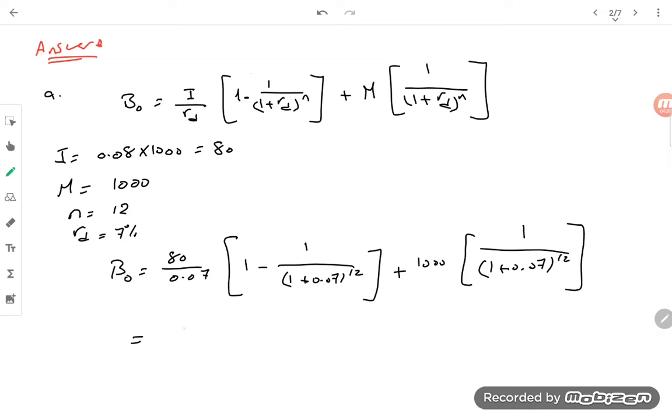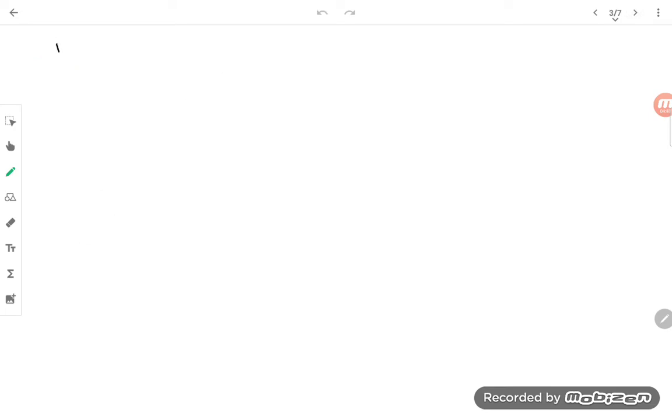It will be 1079.43. We are going to do the same using RD 8% and RD 10%. You can do this by yourself, and you are going to find it as 1,000 for RD 8%, and for RD 10% it's 863.8.